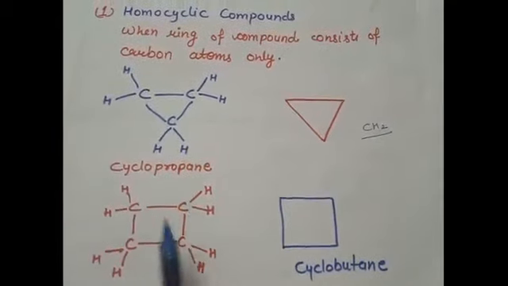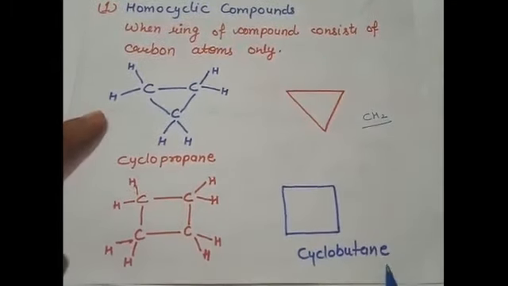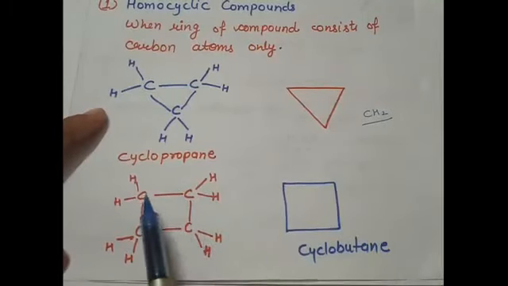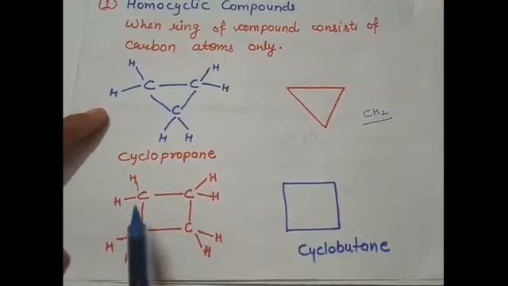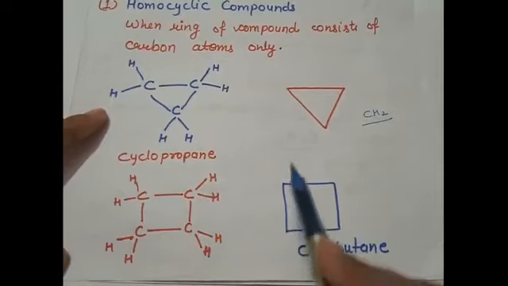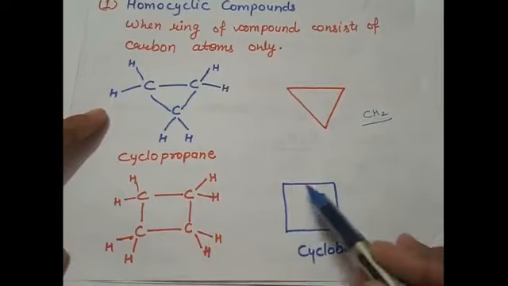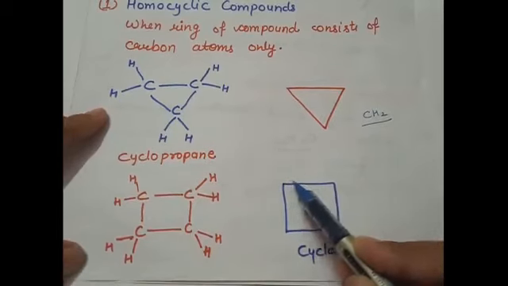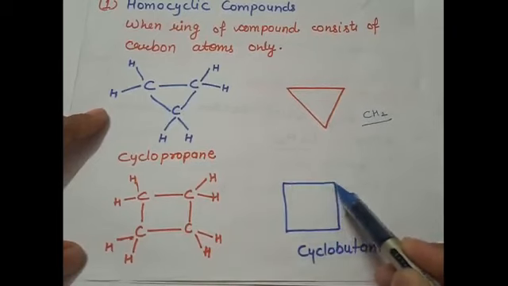We can have one more example, that is cyclobutane. Butane means 4 carbon atoms. So 4 carbon atoms are present in a cyclic structure, and the rest of the valencies of carbon are fulfilled by the monovalent hydrogen atom. So one corner is representing CH2. That CH2 we have represented here with the bond line structure, and this is the single bond between this carbon and this carbon.